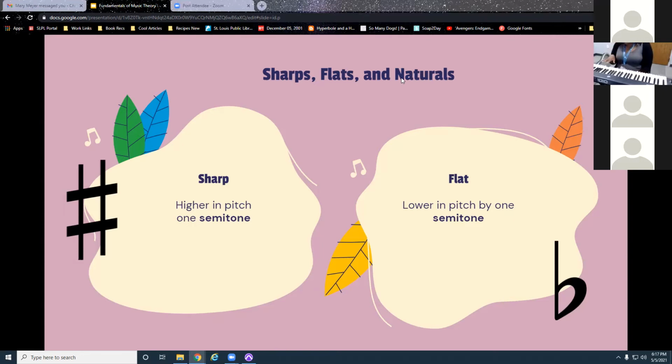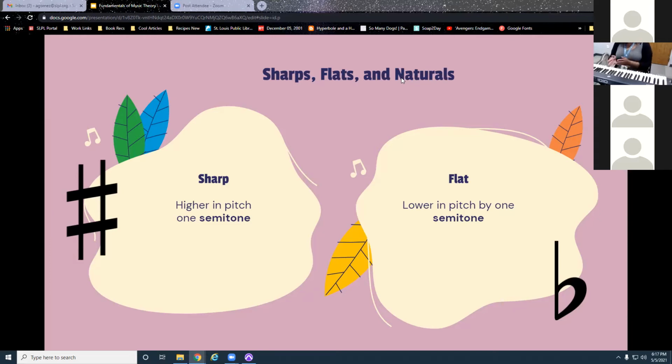And enharmonics are really important when we talk about, and it's probably very hard to see, I should have made it a little bit bigger, the keys B and C and E and F, as they're laid out here on the piano. They look like natural keys, right? Because they're the white keys.